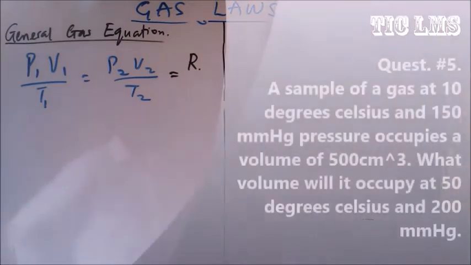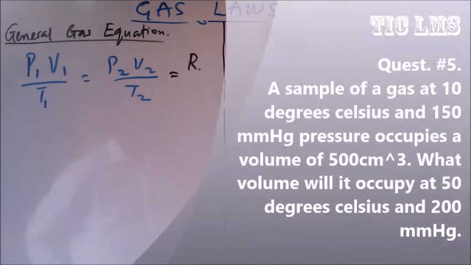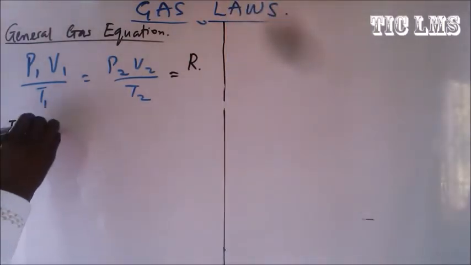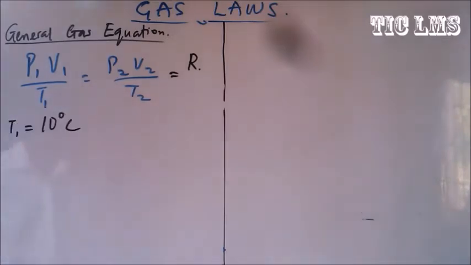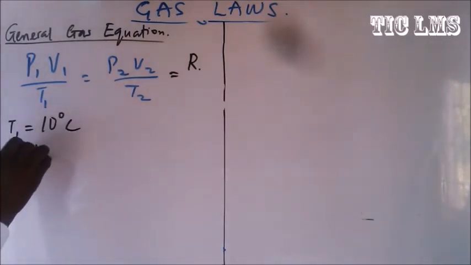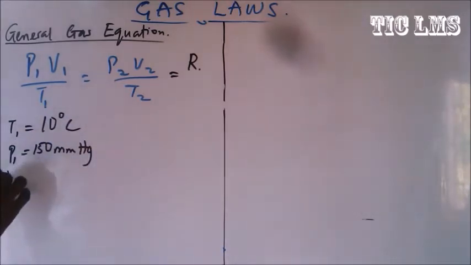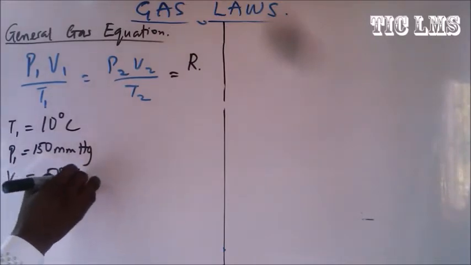So let's take a question. Question 1. A sample of a gas at 10 degrees Celsius and 150 millimeter mercury pressure occupies a volume of 500 cm cubed. What volume will it occupy at 50 degrees Celsius and 200 millimeter mercury? Now let's take our parameters. We have that the temperature of a gas initially was 10 degrees Celsius and it has an initial pressure of 150 millimeter mercury and then occupies a volume of 500 cm cubed.